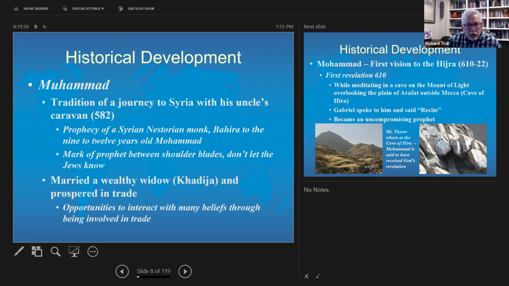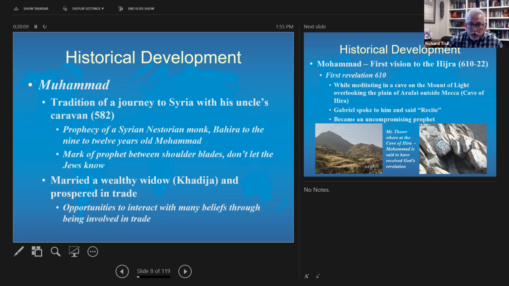He would later, as he grew up, marry a wealthy widow, Khadija, and he would enter her trade business that she already had. So he had a lot of opportunities to interact with many beliefs that he came in contact with along the way.